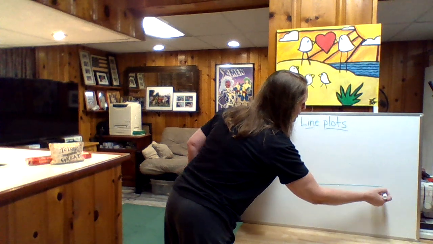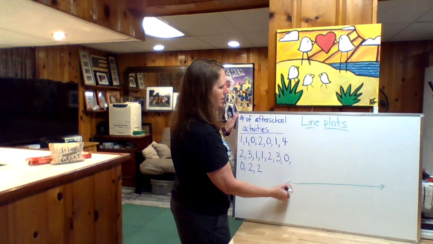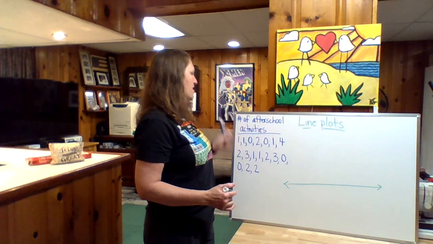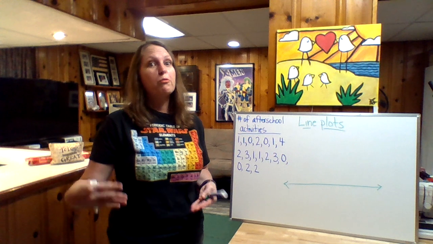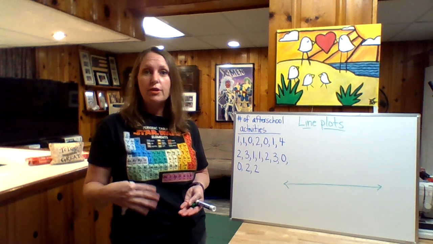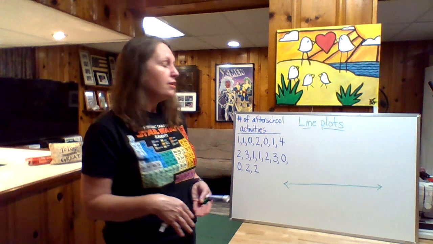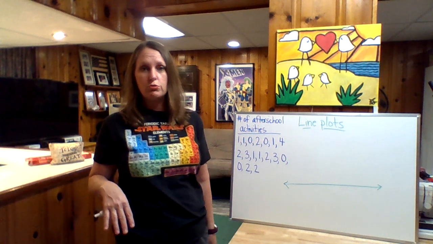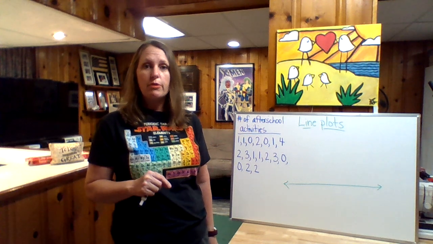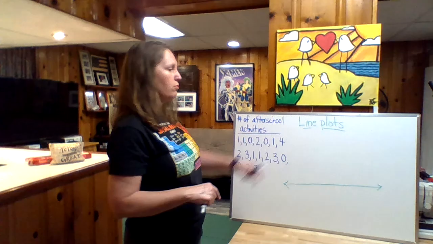Now, this number line must include all the values in our data set. So thankfully, we don't have a huge variation or range that we must include on here. If you look at the lowest number that we have, several students don't participate in any after-school activities, so 0. And then the highest number that we must represent is a 4.